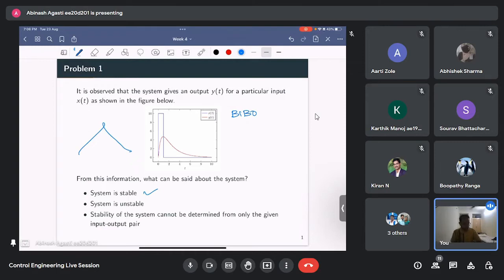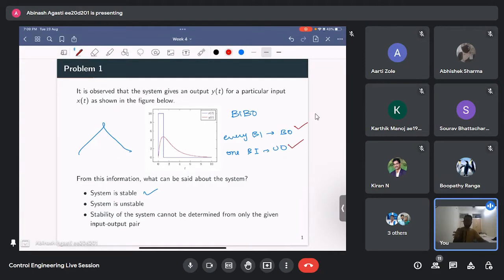Right. So every bounded input giving bounded output will ensure that my system is stable, and one bounded input giving unbounded output will ensure that my system is unstable.